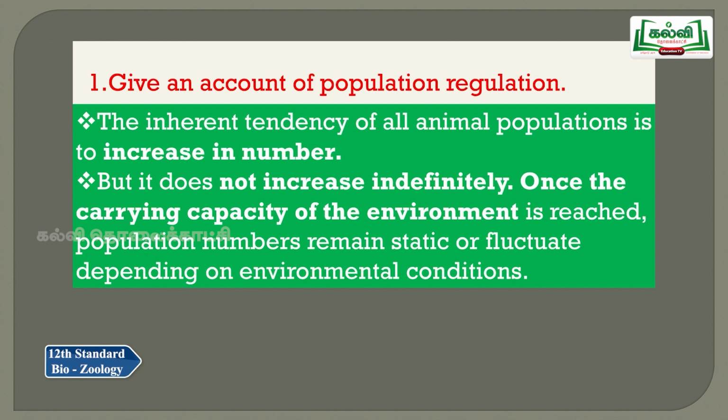Once the carrying capacity of the environment is reached, the population can remain static. Static in the sense that they maintain a steady state, and sometimes they fluctuate depending on the environmental conditions. If the organism is more adapted to the environment, it survives, and the organisms which don't adapt to the environment die off. So that is the fluctuation depending on the environmental conditions.